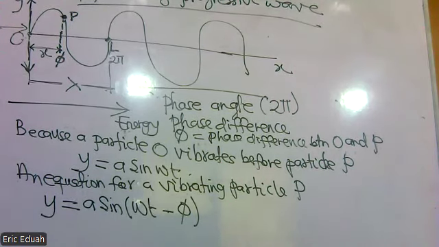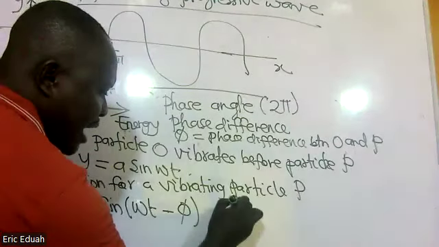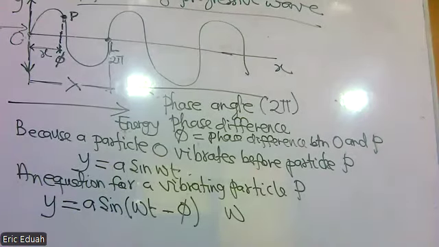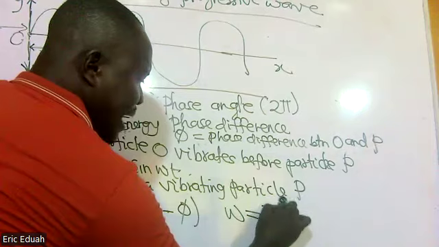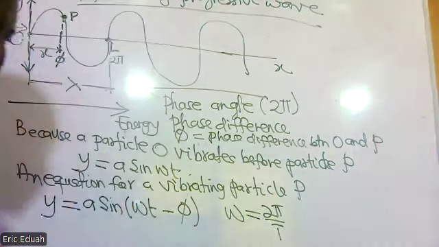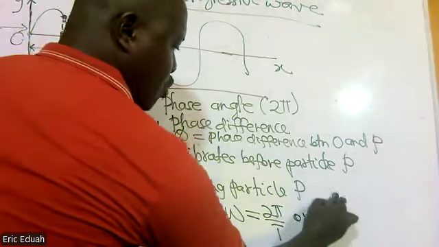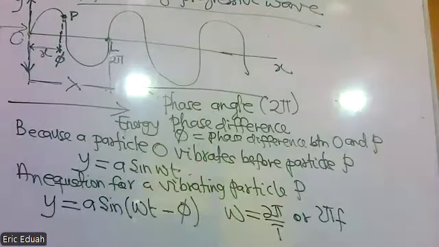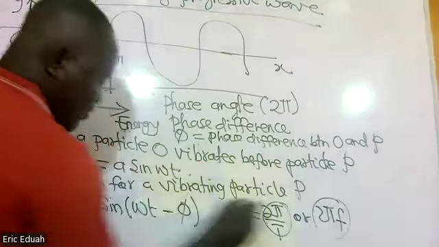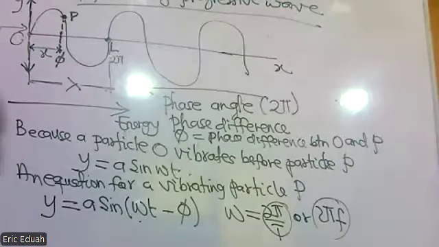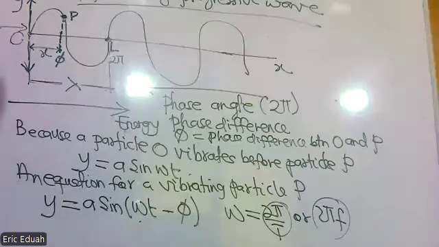Let's expand this. We know that angular velocity omega is equal to 2 pi over T, or 2 pi times f. So we will substitute either this or this in place of omega here. We must also get an equation for phi. And look at how we are going to derive an equation for the phase angle phi by ratio and proportion.